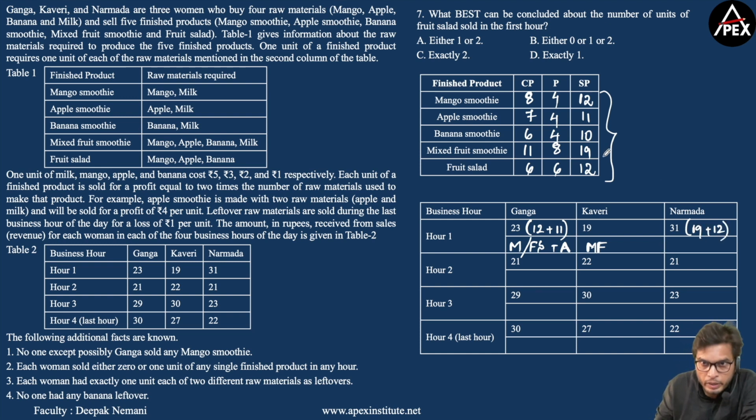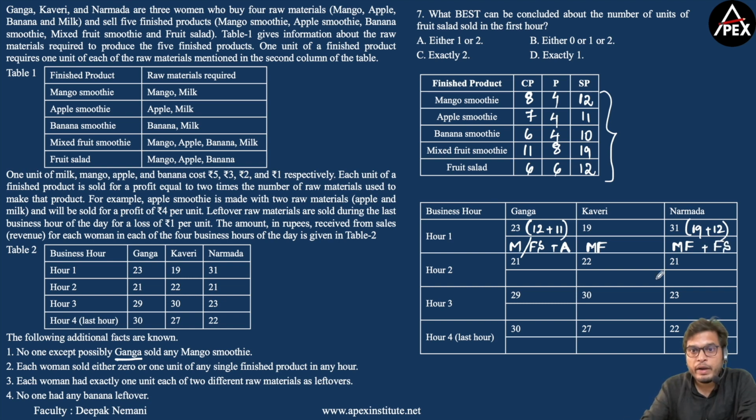So the item corresponding to 19 rupees is mixed fruit smoothie, plus the item corresponding to 12 rupees should be fruit salad, because you cannot have Narmada selling mango smoothie. If we have any mango smoothie that's being sold, that's sold by Ganga but not by any other person. So the item corresponding to this 12 rupees should be fruit salad.